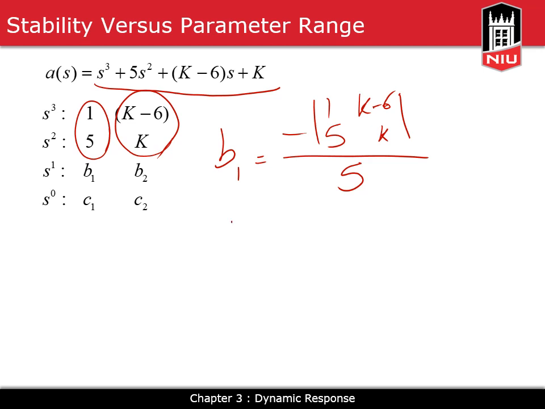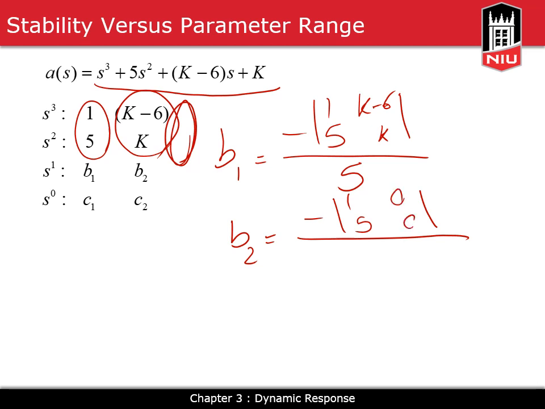So this is b1. For b2, we have negative of the determinant of the first column in the two rows above, 1 and 5, and the column to the right of the term that we want, which is the column here. There is nothing there, so that means they are both zeros. The denominator is the first term in the row above, which is 5. That determinant is 0, so b2 is 0.